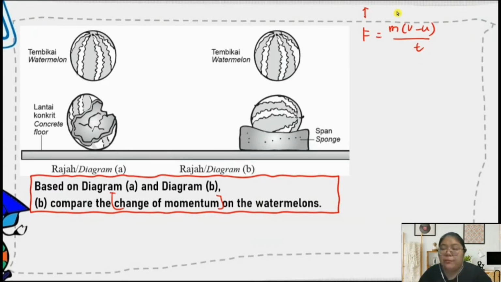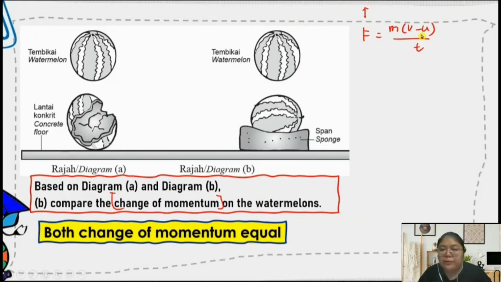Then you fall down because of free fall, so the velocity should be the same because the object is the same. So V should be the same. U surely is 0 because you are dropping. So the change of momentum in both diagrams is equal. Change of momentum, or you say impulse, for both diagrams of the watermelon is equal. Then the last one, compare the time.